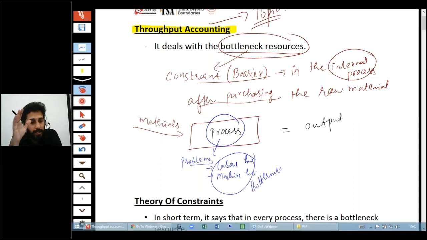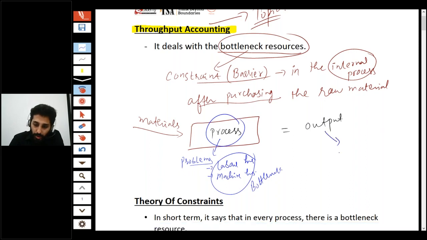And remember that when there are bottleneck resources, obviously the output would be restricted. So due to the bottleneck, your output is restricted.